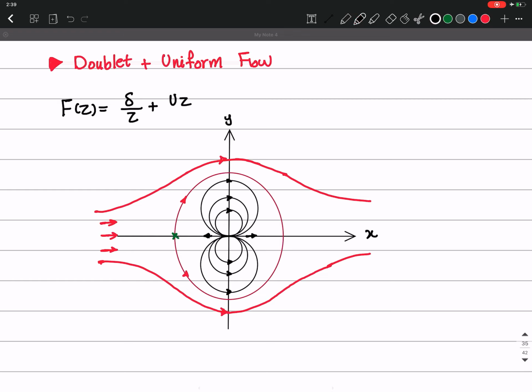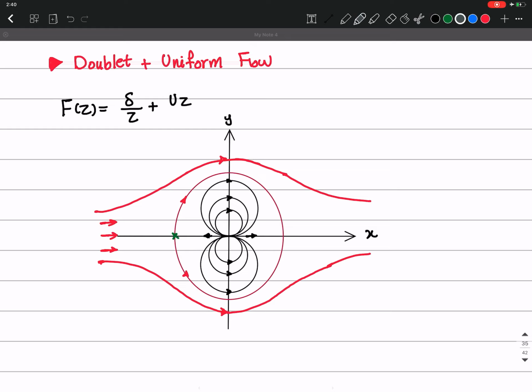Okay. And this is the qualitative way of showing these streamlines when we combine a doublet with a uniform flow. And now we want to find analytical solutions for this.